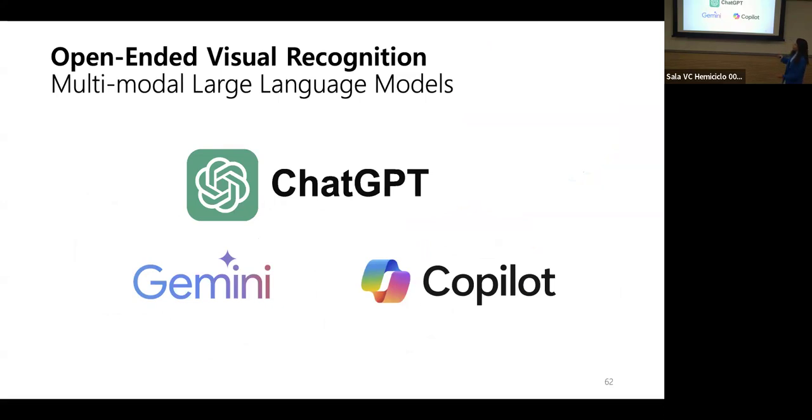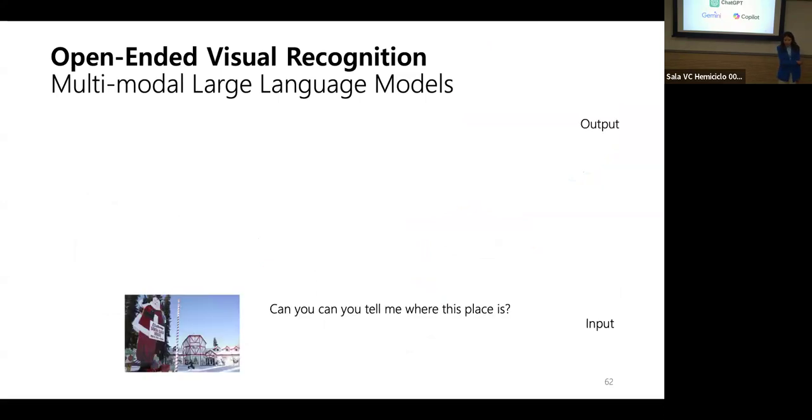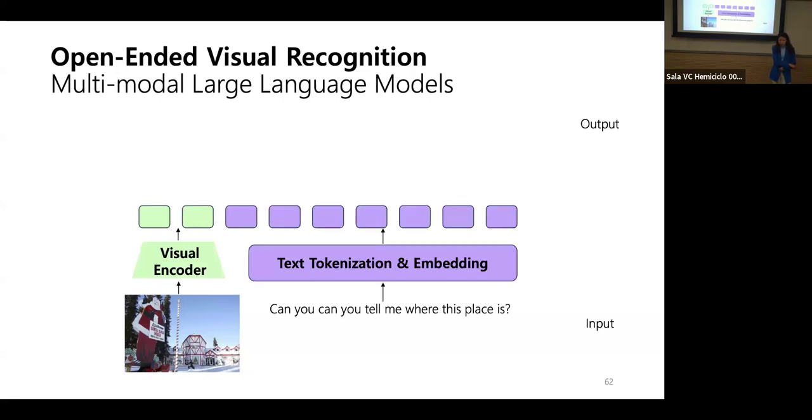So we have ChatGPT, Gemini, Copilot. And this is our view of what these models do. We have as input an image and also a textual question. We can use a visual encoder to encode the image into visual tokens.